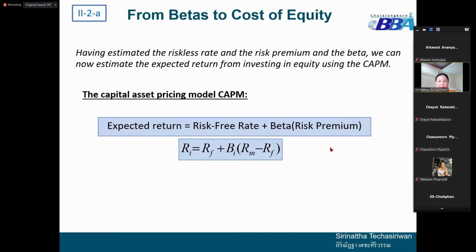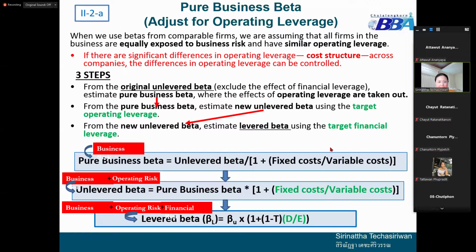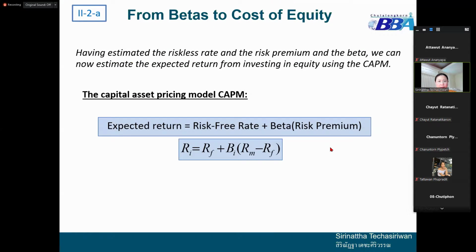Okay, so if there are no questions, now we can estimate the beta, right? When you come up with the beta, the approach to estimate the company beta is that you can run the regression by yourself, right?